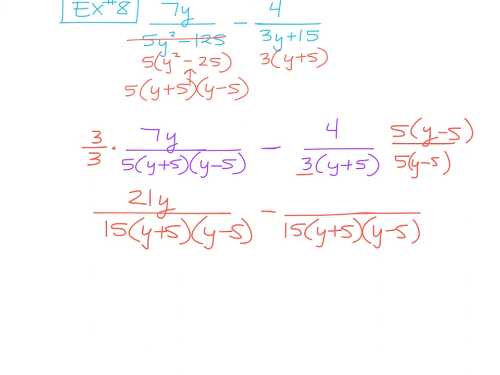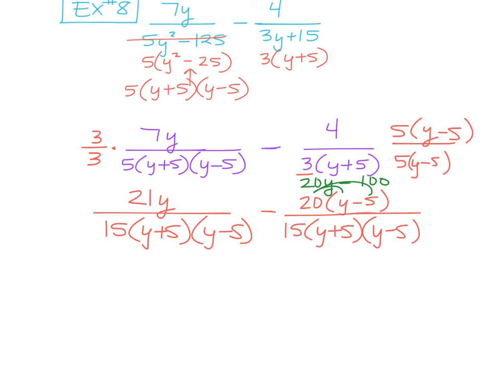Okay, what do you have on top? 20 times y minus 5. Okay, we are going to distribute that because you have a 21y on the other side that we can then subtract our y's if we distribute it. So this is going to be 20y minus 100.